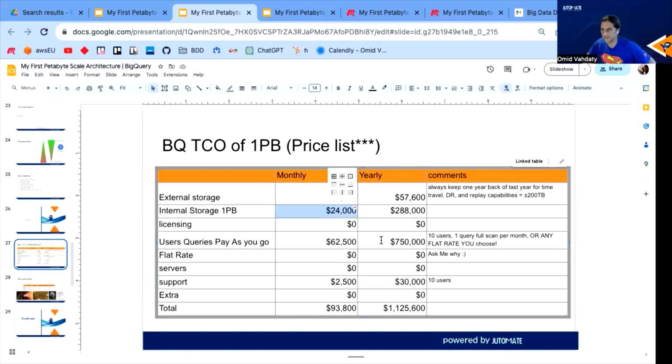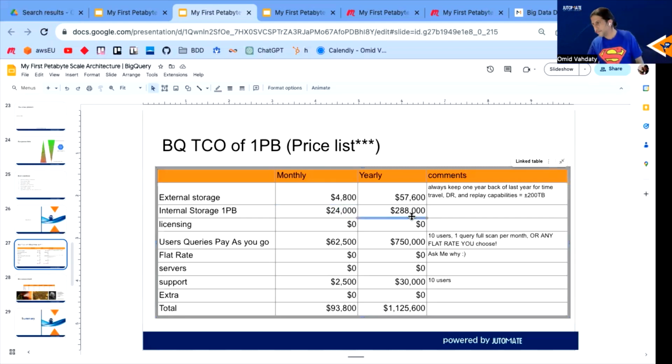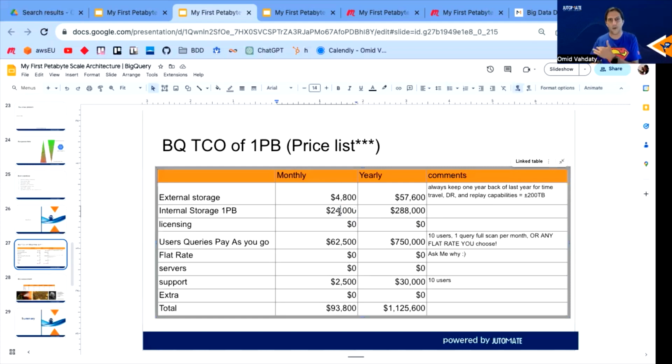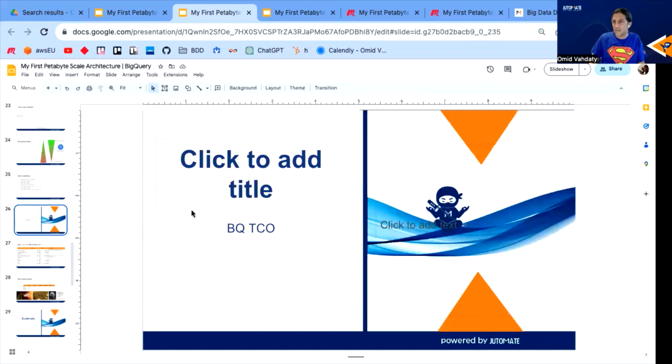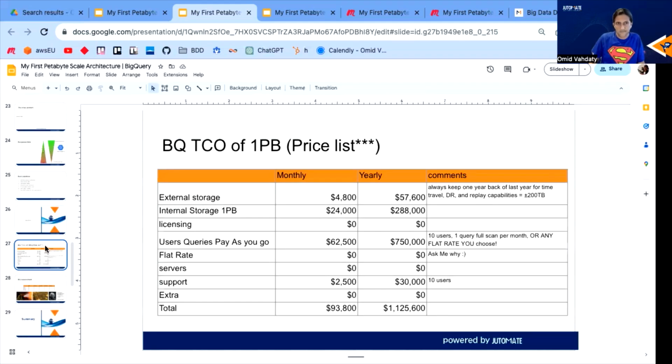And you want both. You know why? Two reasons. One, the ability to go back in time. Assuming you loaded the data and you got everything horribly wrong and you created a horrible data model, you'll be able to rebuild everything from scratch. The second would be, imagine a user that by mistake deleted our 1 petabyte table.